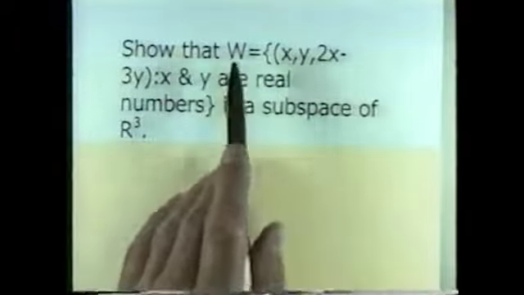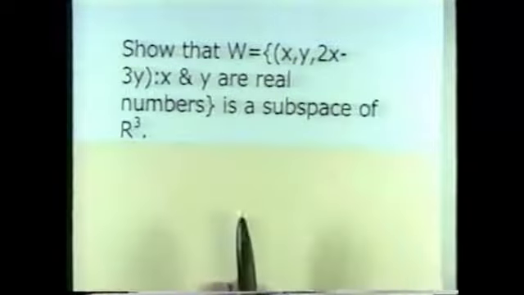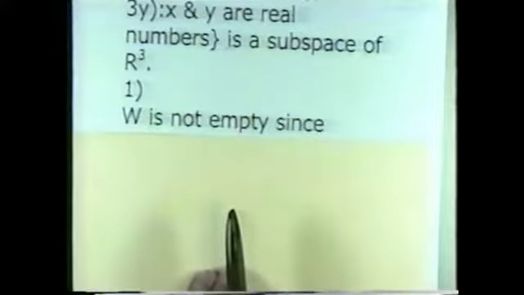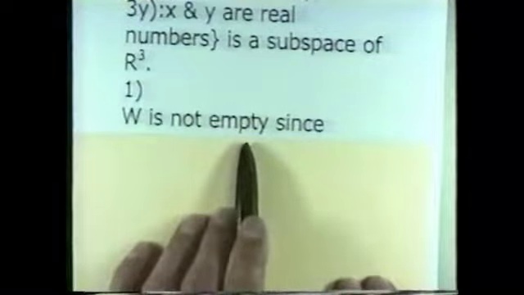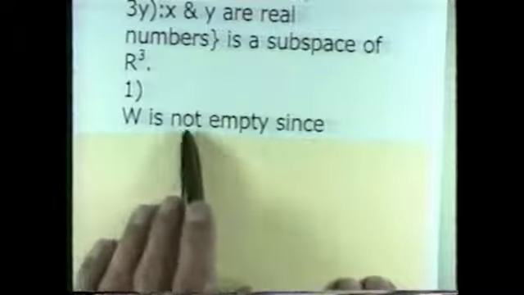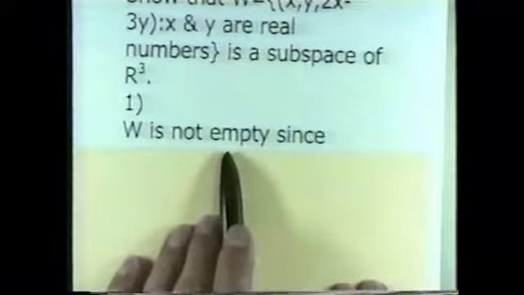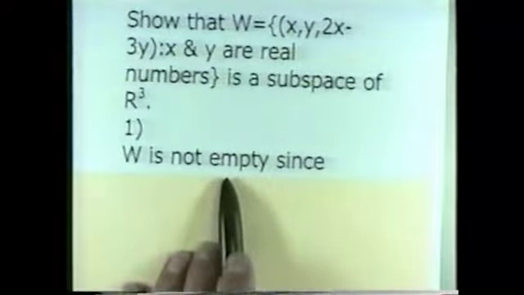In order to show that W is a subspace of R cubed, we must show that it fits the 3 conditions. First of all, we've got to show that W is not empty. To show that, I've got to find one element that would be in W. I'm going to choose the easiest x and y I can come up with.